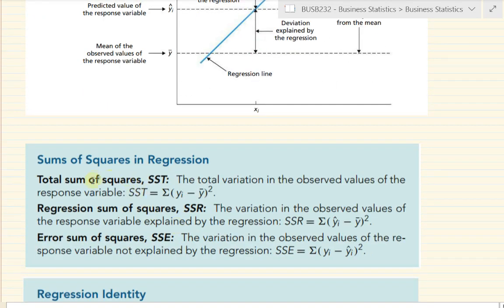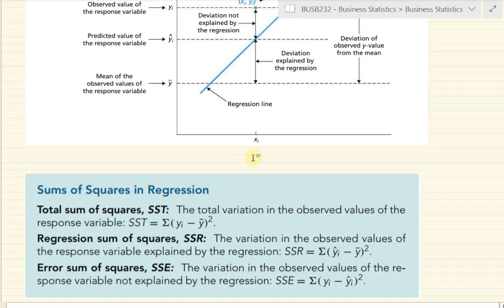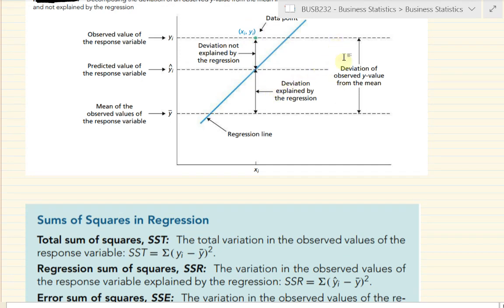So the total sum of squares is the total variation in y values, yi minus y bar, that's this distance, from here to here. And they square it. And if you add these up, sigma means do this for every data point. Okay, so that's the total.